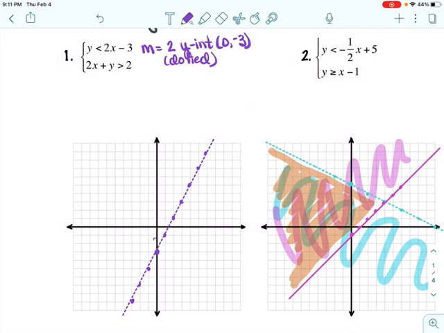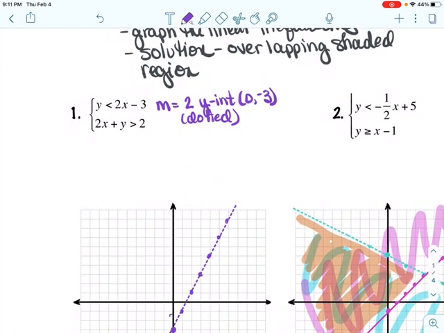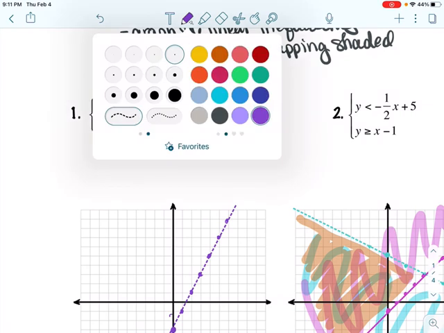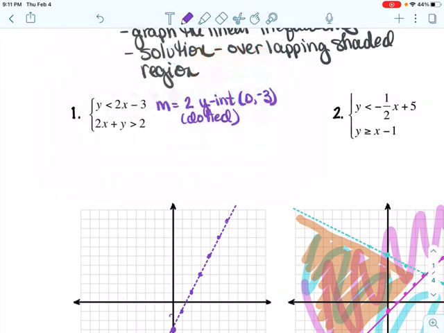Now we need to decide which side of our dotted line we're going to shade. The way I do this is I always do a test point. The easiest point on the coordinate plane is always 0, 0.